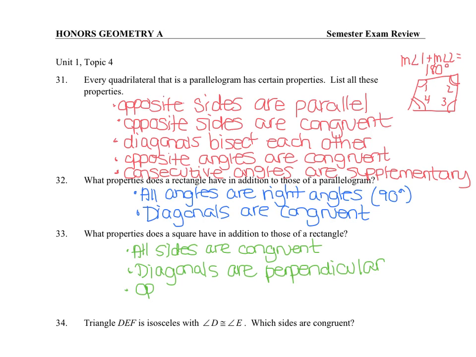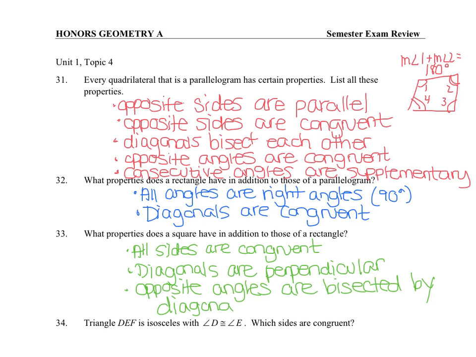And finally, opposite angles, not only are they congruent, but they're going to be bisected, so split evenly, by the diagonals. So opposite angles are bisected by diagonals. And those are the properties of a square.